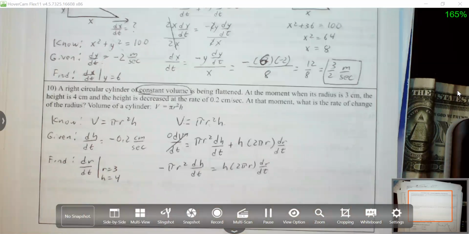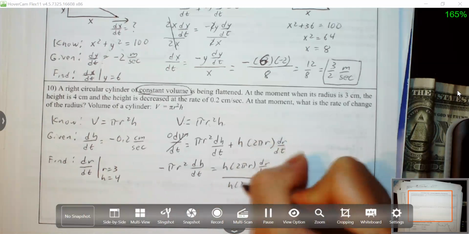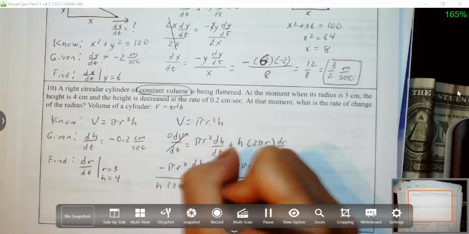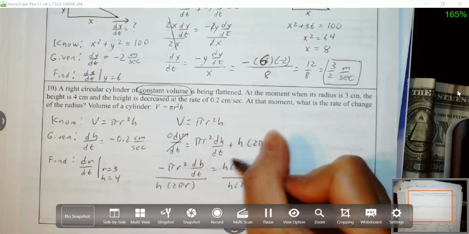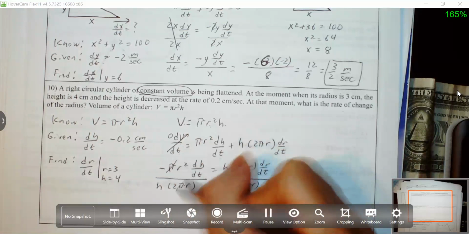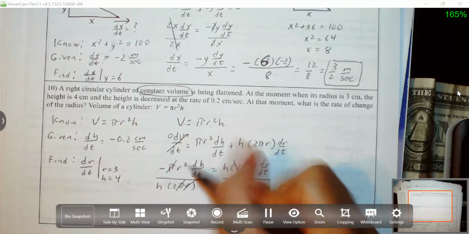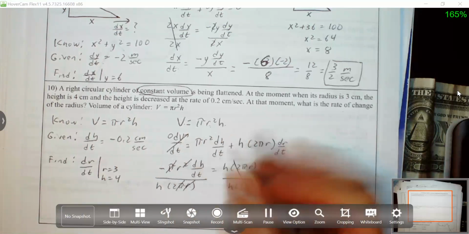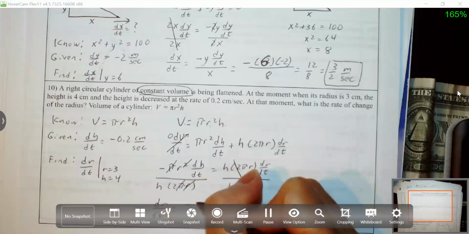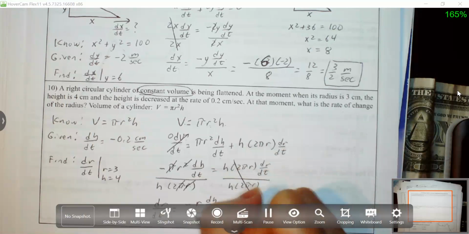I'm going to divide everything by h times 2 pi r. So all of that cancels. The pi's cancel. This r cancels with one of the r's on top. So let's clean this up a bit. dr/dt is equal to negative r dh/dt all over 2h.